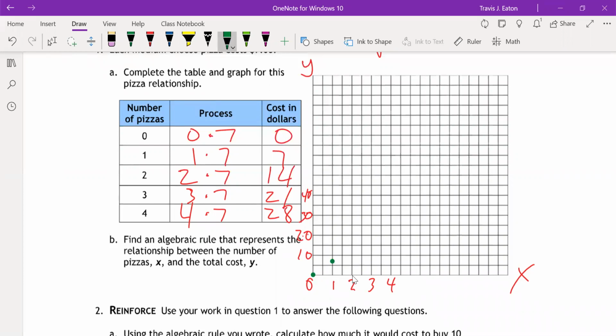2 pizzas is 14, so over to 2 and then up to almost 15, but not quite. 3 pizzas is 21, so we'd go up to 20, and just past 20 would be 21. And 4 pizzas would be 28, so just not quite to 30. So if we've done everything right, if this is a proportional relationship, we should be able to draw a line through those points fairly easily using our drawing tool.